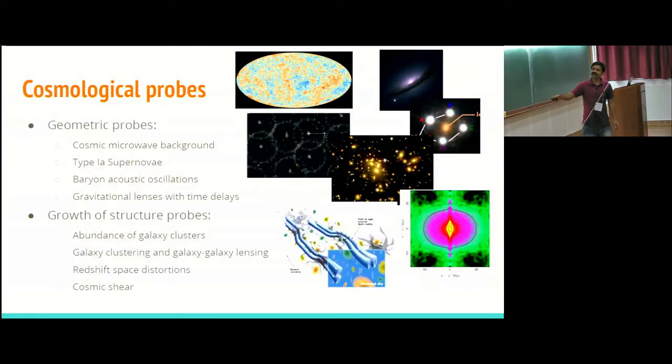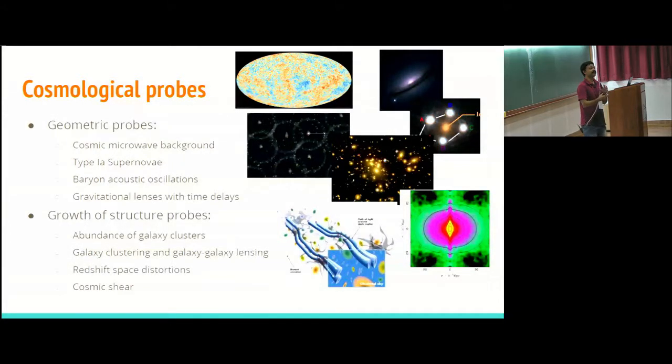Then in addition to that, you can also use something called gravitational lenses. These are objects like these, for example, where you see multiple images of the same quasar coming from behind. Because they are taking different paths through space-time, they take a different time to come over to us. So if the source is flickering, then each of these images arrives at different times.